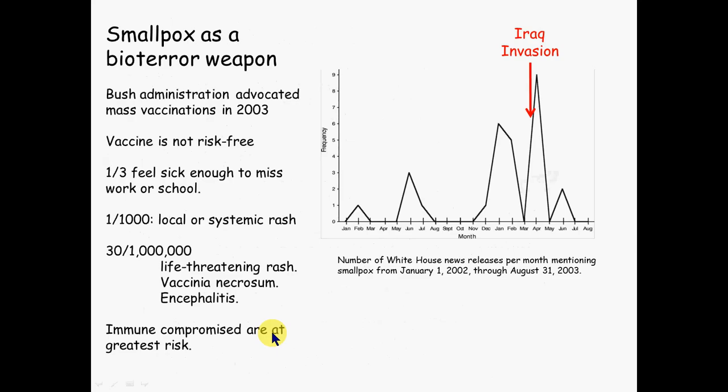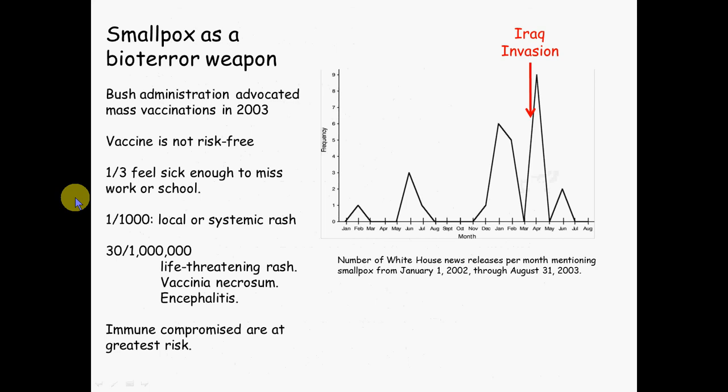Okay. Well, one thing we can say about this is that we said before that the oral polio virus is not without risk. Turns out the same thing is true of vaccinia virus. If you get vaccinated with vaccinia virus, there's some risk that you won't tolerate it that well.